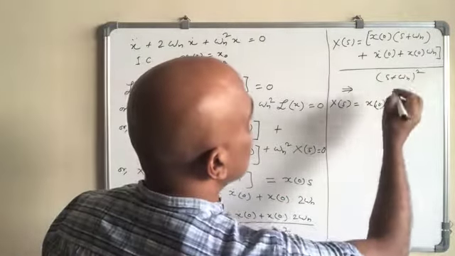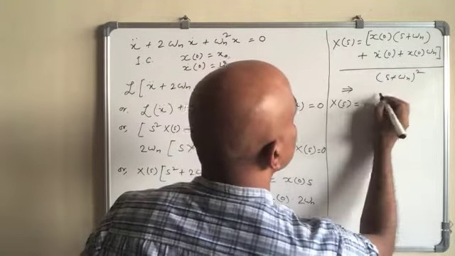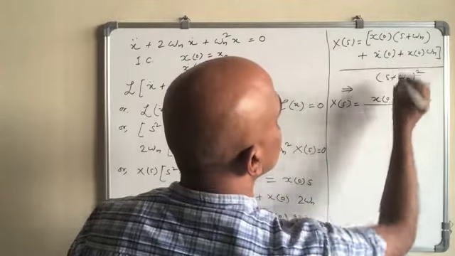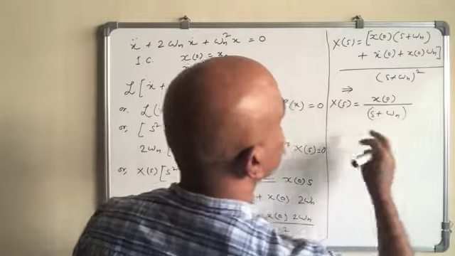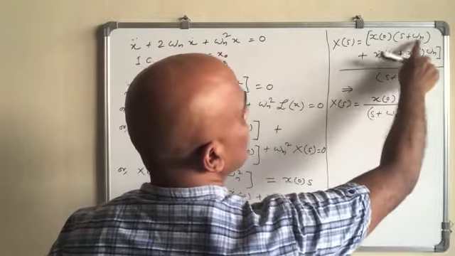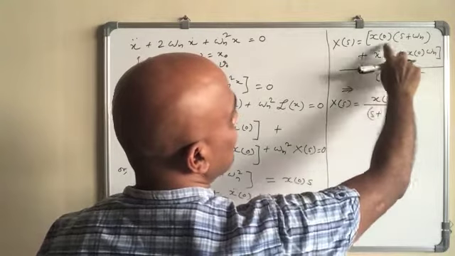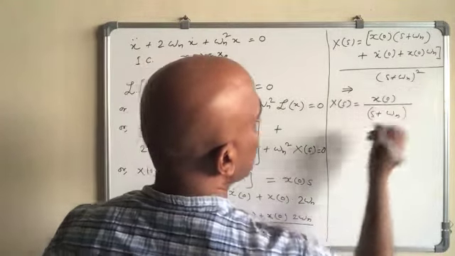What we get is the first term, x naught divided by (s plus omega_n), since one (s plus omega_n) cancels.